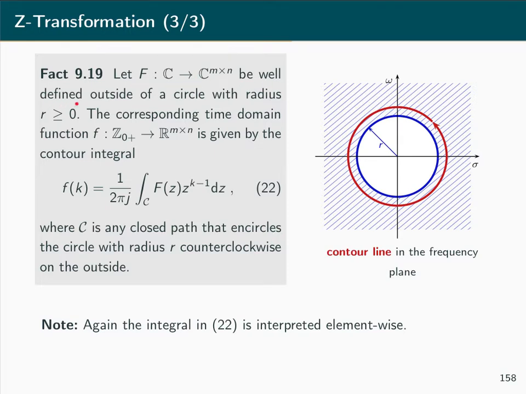is a well-defined function outside of a circle with radius r in the complex plane, then the corresponding time domain function f is given by the formula in equation 22, stating that f of k is equal to 1 over 2 pi j times the contour integral of F of z times z to the k minus 1 dz, where C represents any contour line in the complex plane that encircles the circle of non-convergence once in the counterclockwise direction.